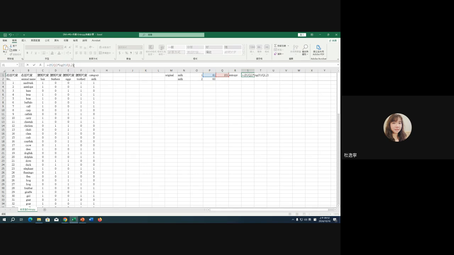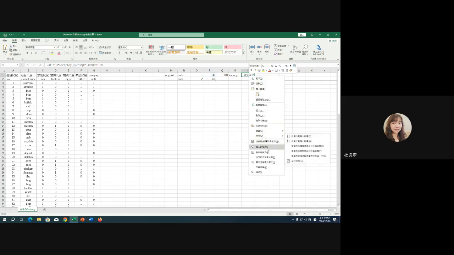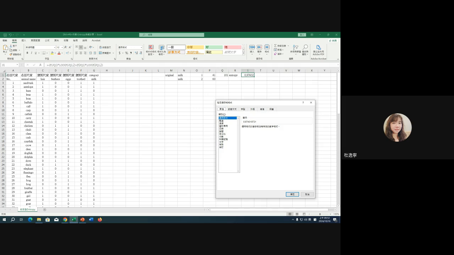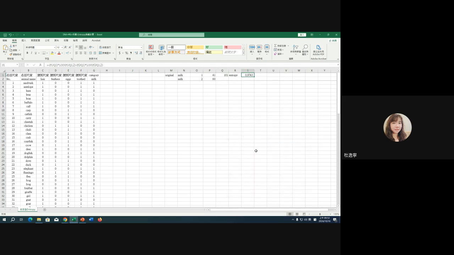This is the first node. And the second node is 60, right? So we use the minus to combine two parts: 60 divided by 101 and multiply log of 60 divided by 101, and base is 2. So the result will be this. I want you to use the format and the digit is 4. So you will get the answer just like this.